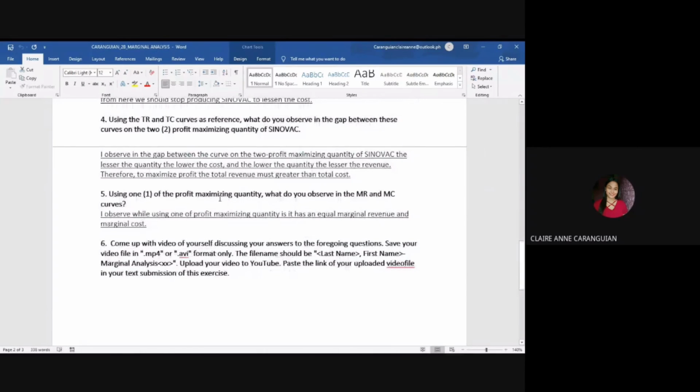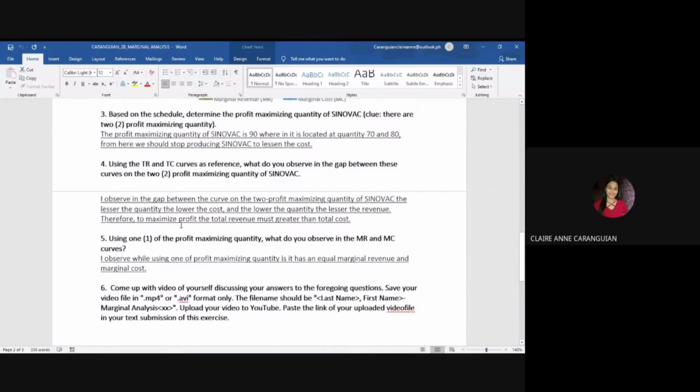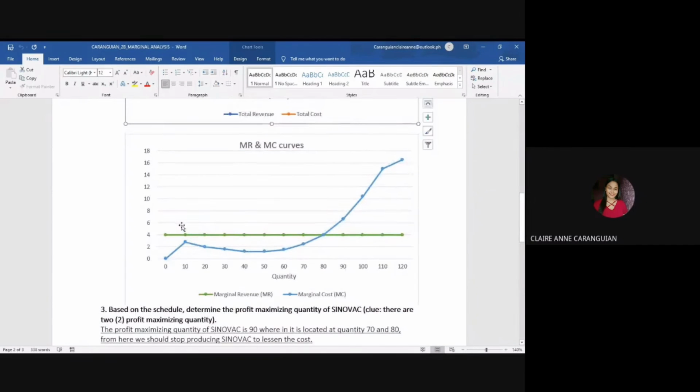Next is using one of the profit maximizing quantity. What do you observe in the MR and MC curve? I observe while using one of the profit maximizing quantity is an equal marginal revenue and marginal cost. So I observe that here they intersect in 80, 'di ba? 'Di ba kanina we have two profit maximizing quantity, right?